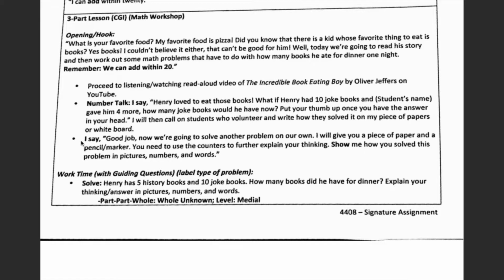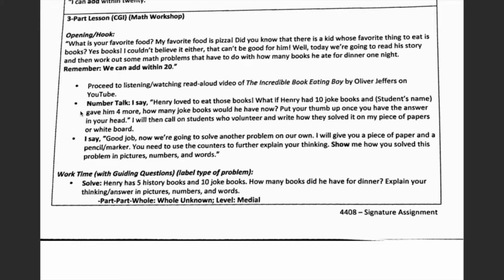You can have something already put together on a slideshow, or you can do little index cards with dots. For this specific number talk, it's: Henry loved to eat those books. What if Henry had 10 joke books and Sally gave him 4 more? How many joke books would he have now?